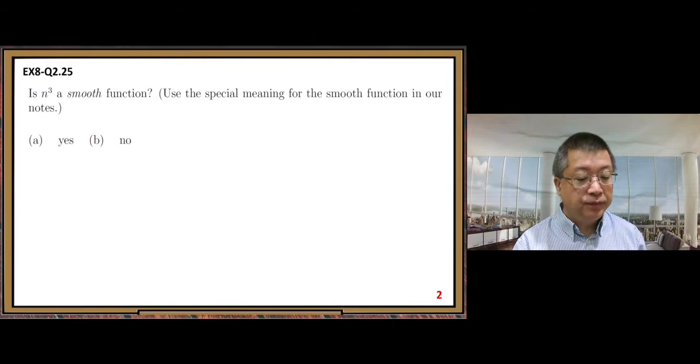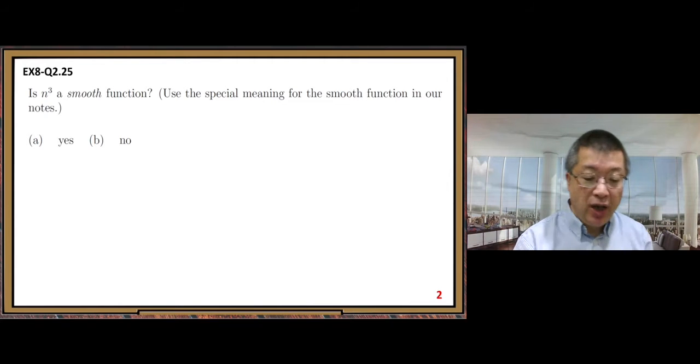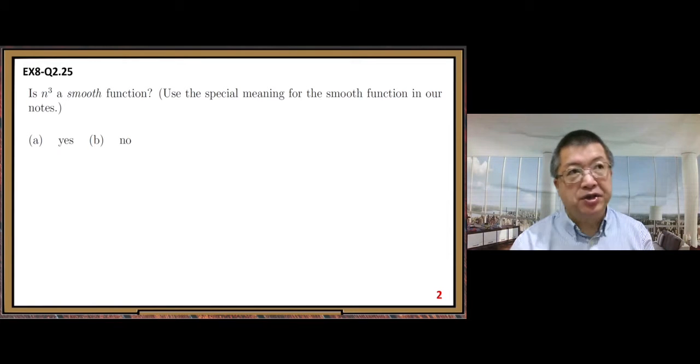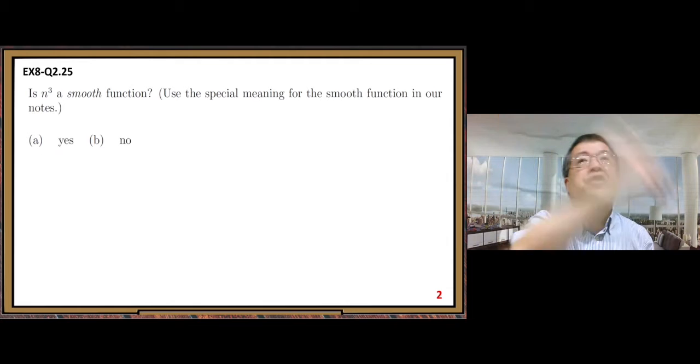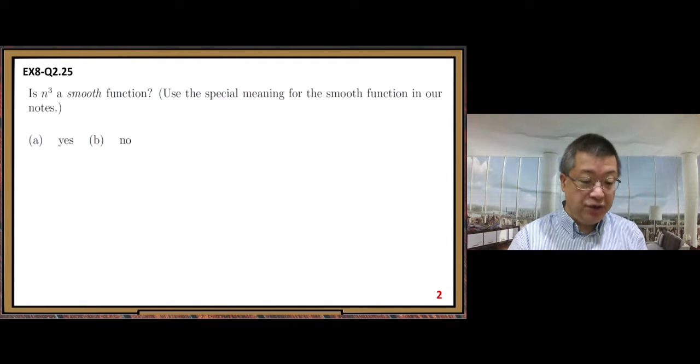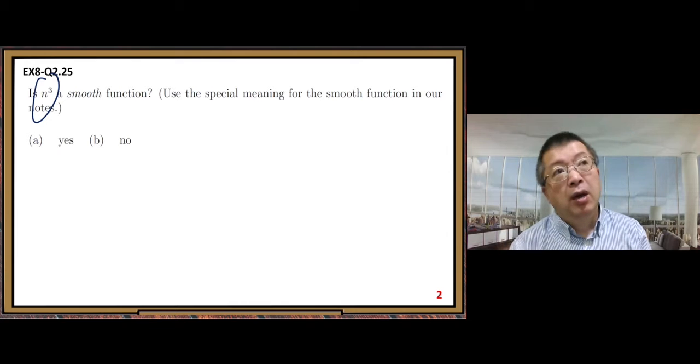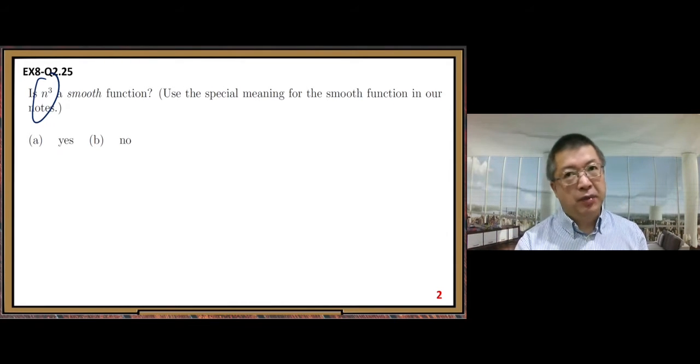Second one, smooth function. Do not use the calculus smooth. The calculus smooth means the derivative is continuous. But not here, not in our algorithm class.